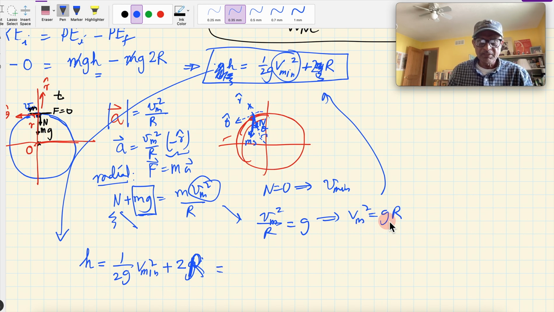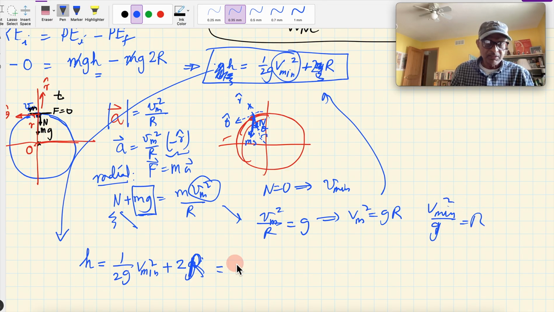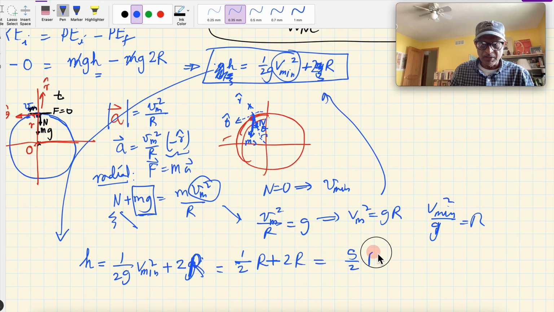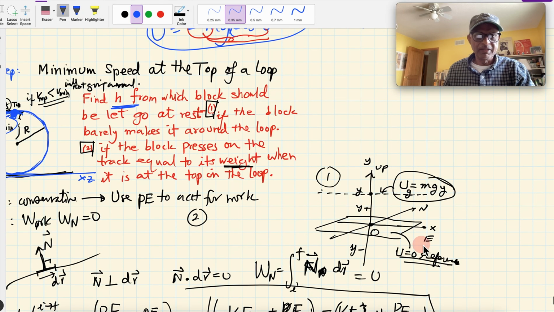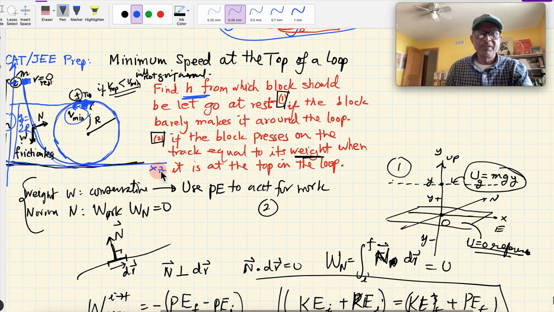If I from A, this is v min squared over g is r, so this is 1/2 r plus 2r, so just 5 over 2 r. So that's the answer, just for barely making it.